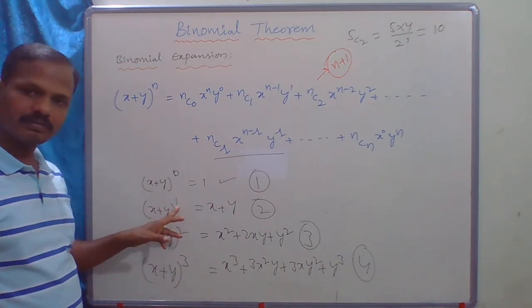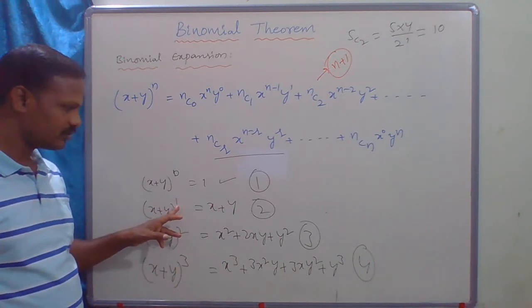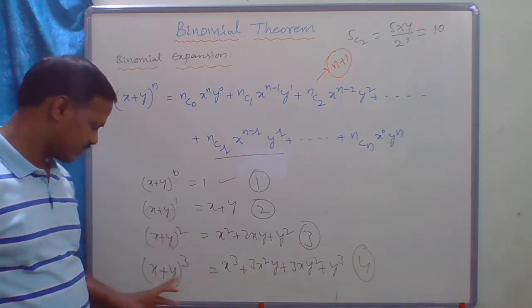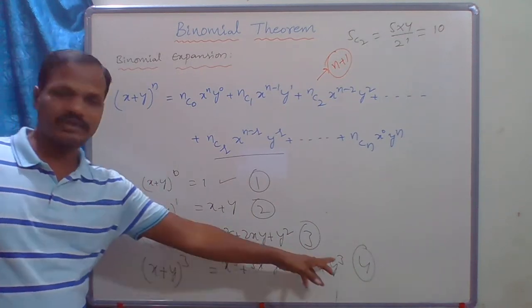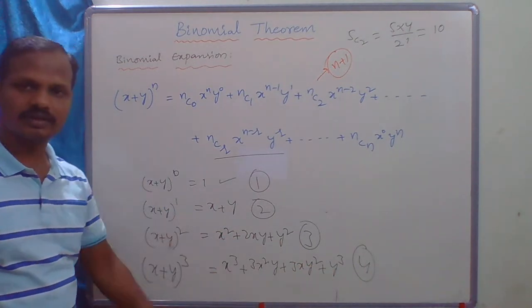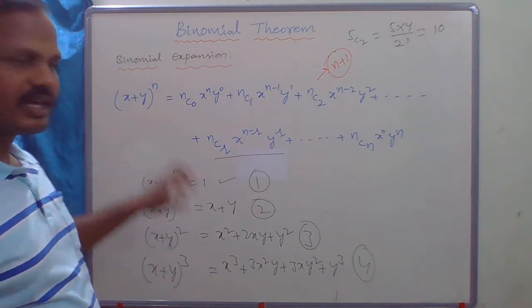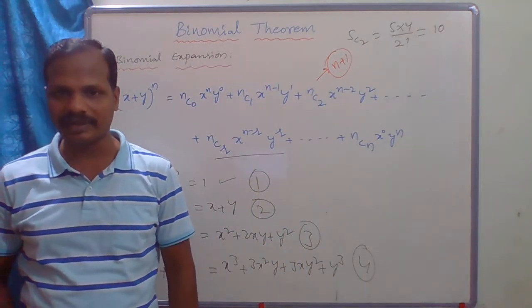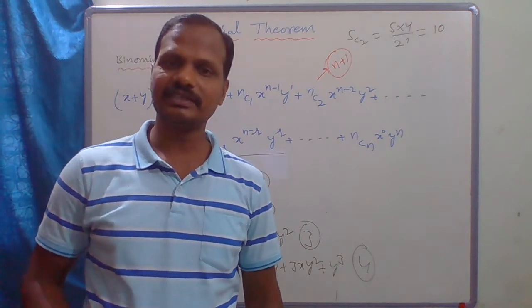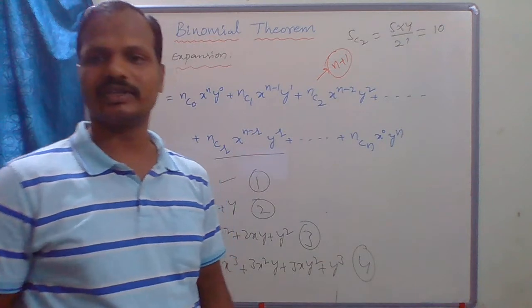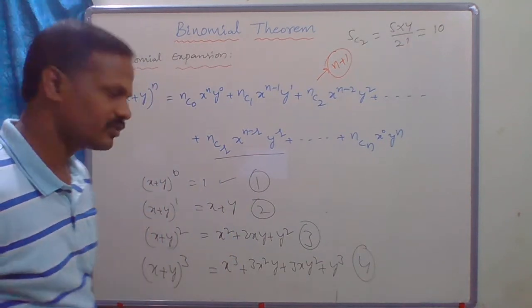If n value is 1, then 2 terms. n value 2, 3 terms. n value 3, 4 terms. n value 4, 5 terms. So on. So the number of terms in the binomial expansion of x plus y whole power n is n plus 1. Clear? Fine.